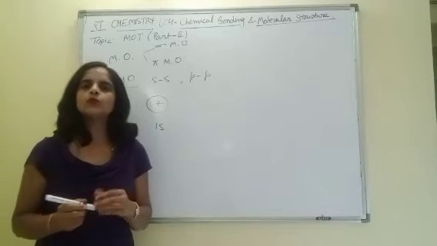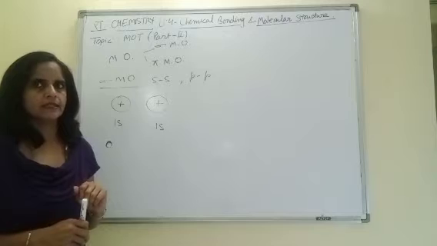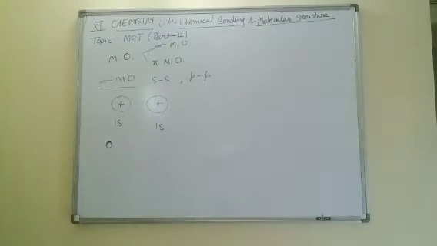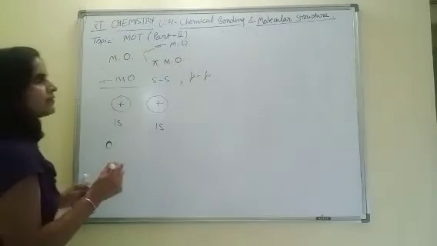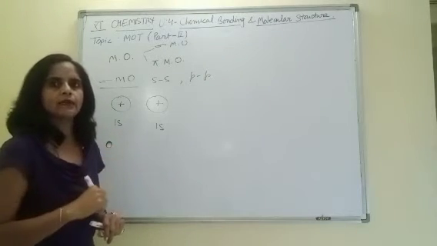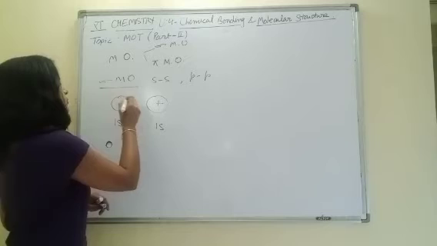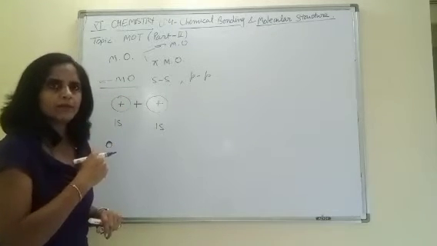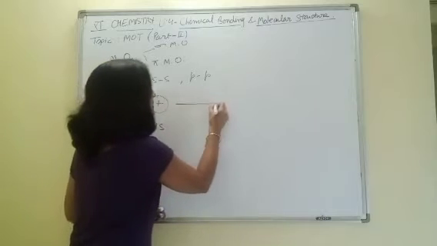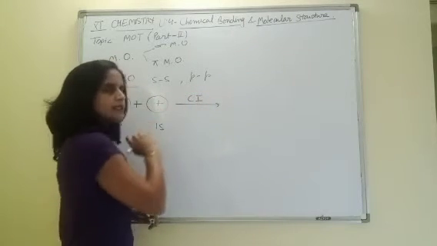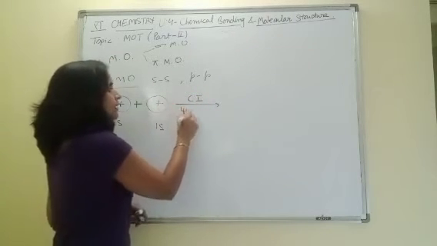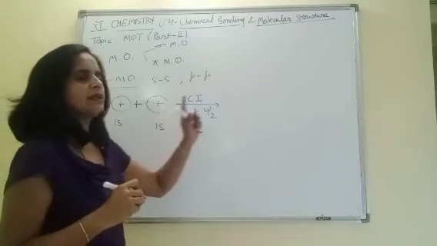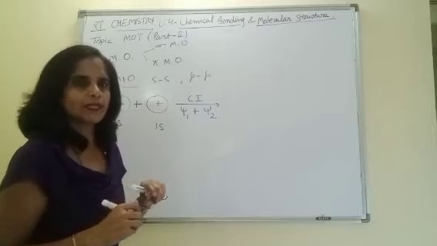When these two 1s atomic orbitals overlap, it can take place in two ways: either constructive interference or destructive interference. If it is constructive interference, that is additive overlapping, then in this constructive interference, that is Xi1 plus Xi2, we will get a bonding molecular orbital.